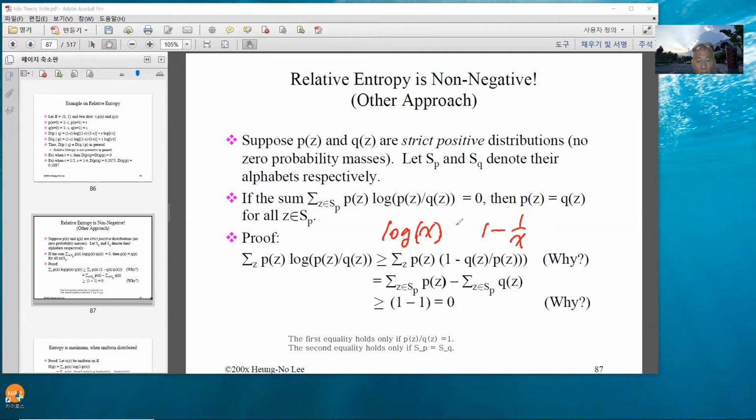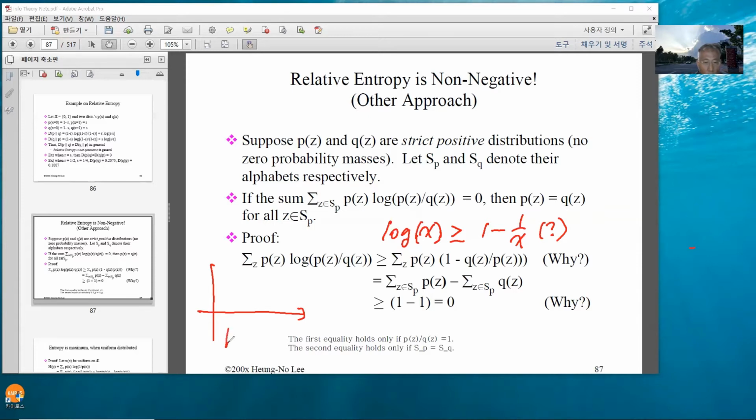And this one says the left hand side is greater than or equal to the right hand side. And then is this true? When do we have the equality? This is true when you draw the two functions.